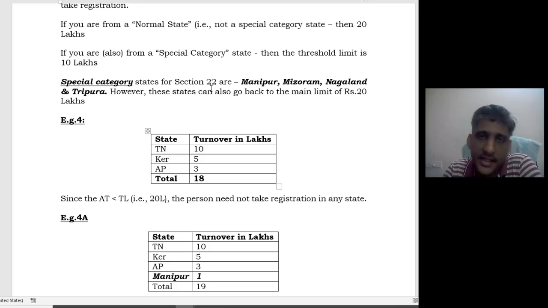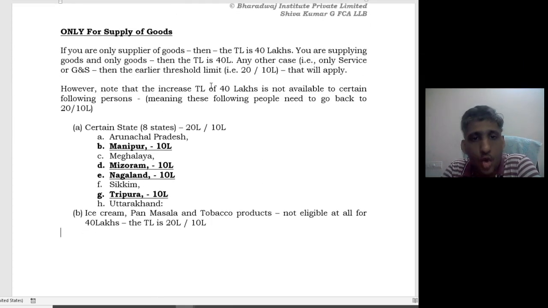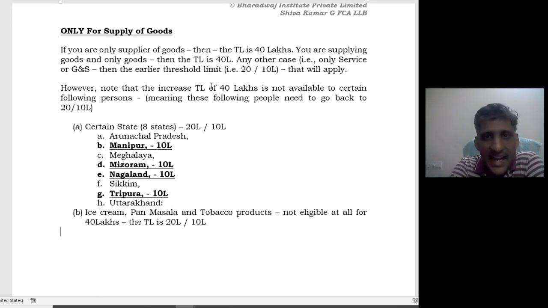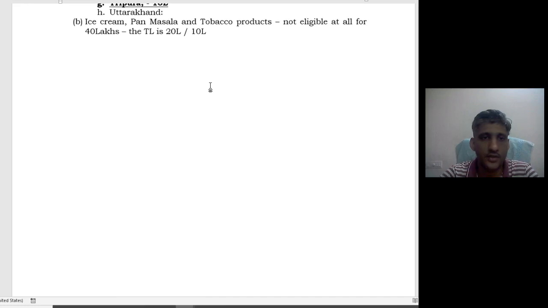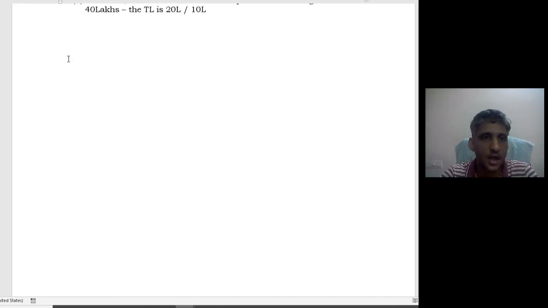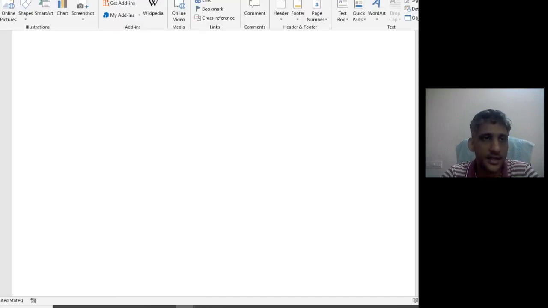For special category states, goods and services or only services, 10 lakhs. For goods other than the 8 states, only goods, it is 40, other than ice cream, pan masala. We are going to combine everything and put it in one table. So what we are going to do is insert a table. Okay, let's see. Insert.